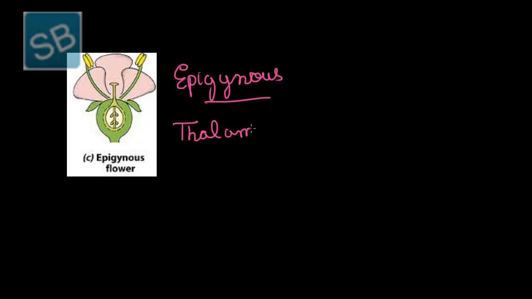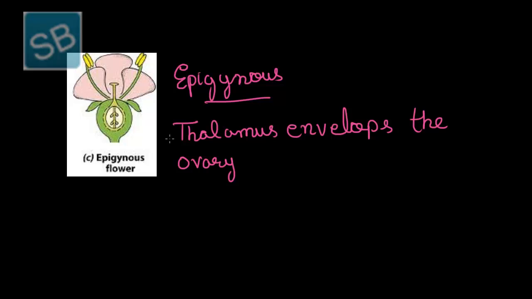The third and final type is epigynous. In this type, the thalamus, that is the green portion, envelops the ovary, and therefore here ovary is known as inferior ovary.